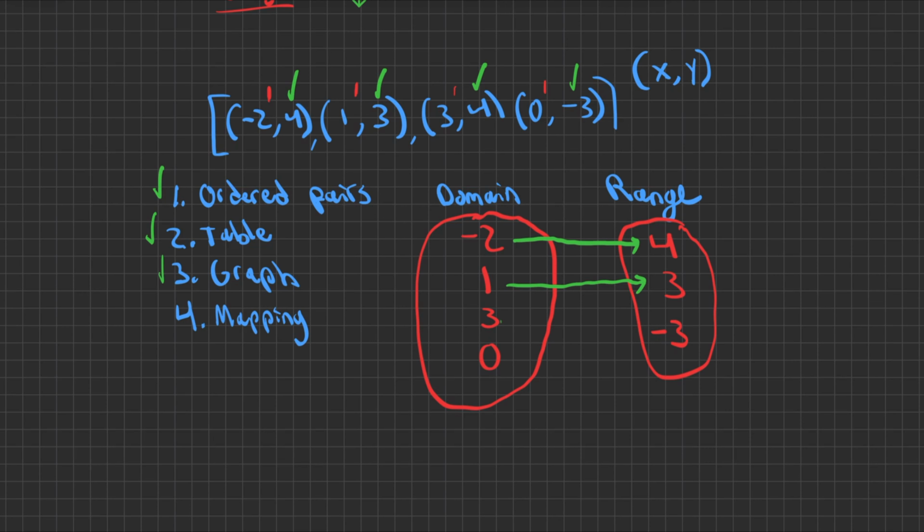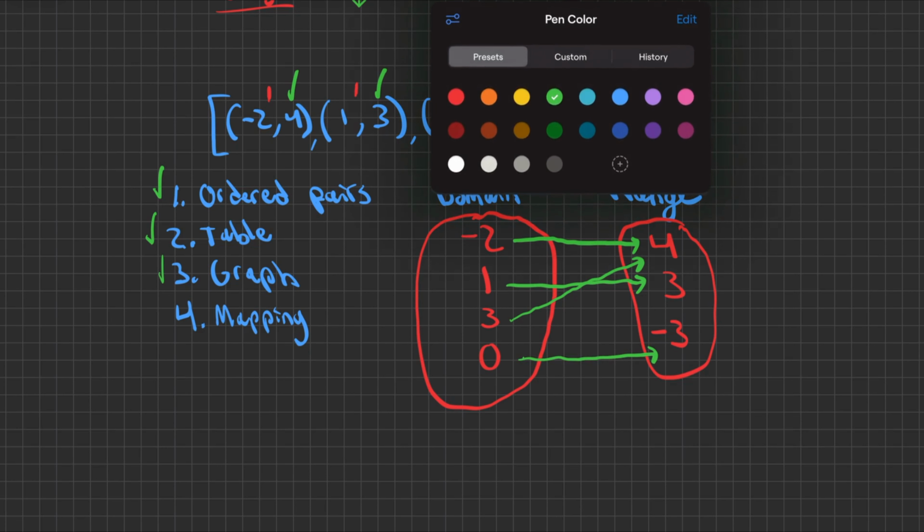Let's go through it again. When our x is 3, our range, or our y, is 4. So we'll just have another arrow going to 4. And finally, when our domain, or x, is 0, our range is -3. So we'll just draw an arrow over to the -3. And that is mapping complete.